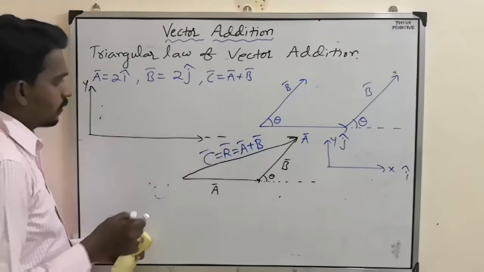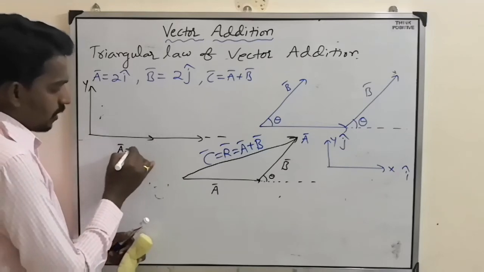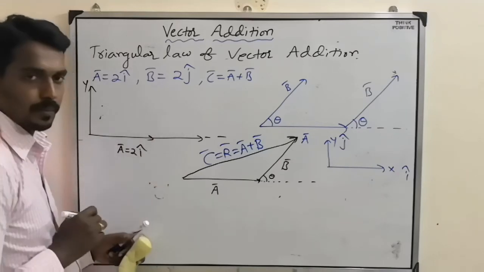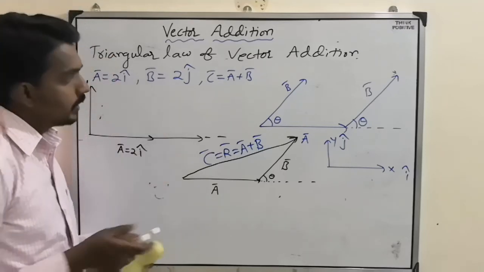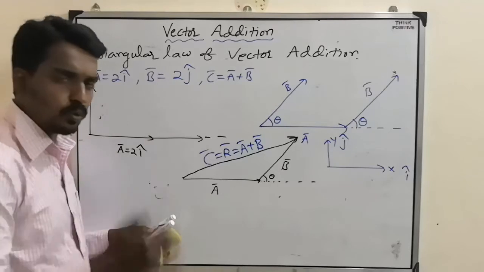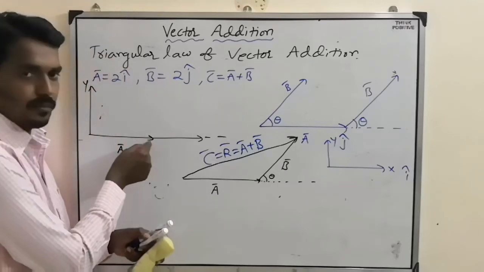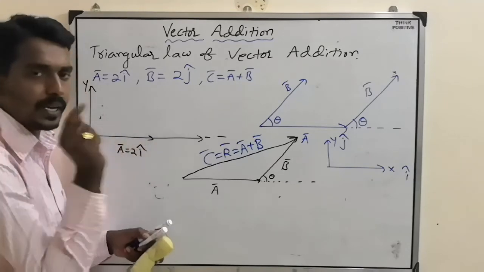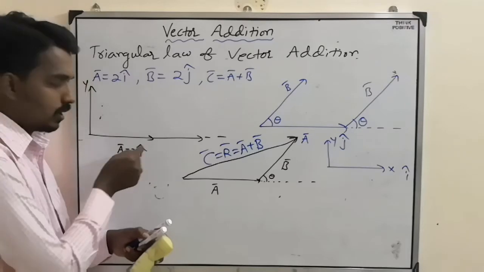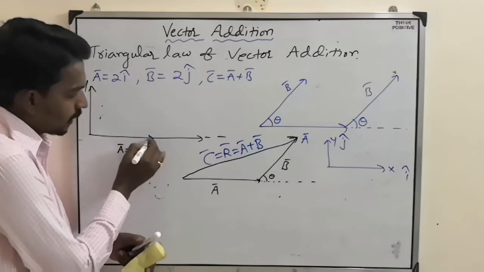Now, first I am drawing A bar. This is A bar, 2 i cap. Then B bar. How to draw B bar? B bar should start from the end point, the final point, of the first vector. That means it should start from here.